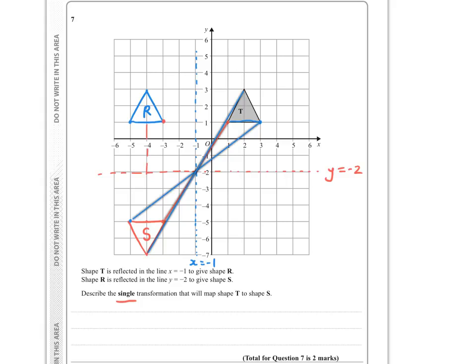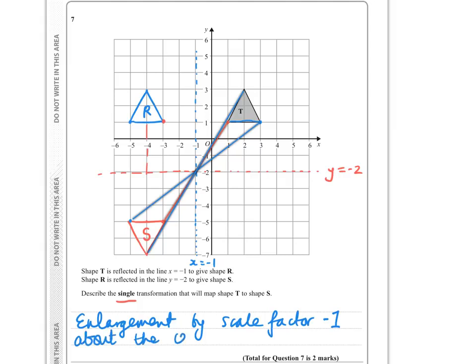So I think there's two different answers here. One potential answer would be an enlargement by scale factor. In this case the area is preserved but it's inverted, so it'd be the scale factor of -1 about the centre, and we've got that already, -1, -2.